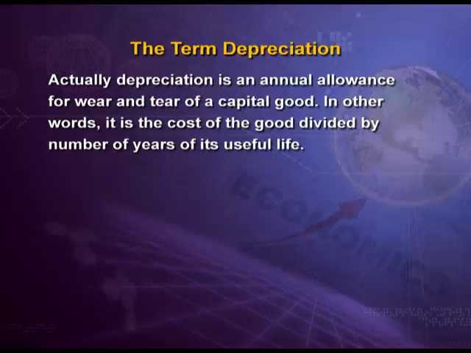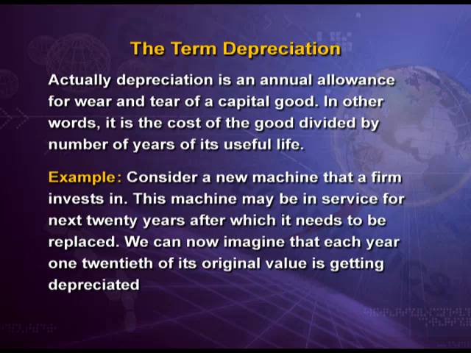We used the term depreciation somewhere. Let's understand its meaning. Actually, depreciation is an annual allowance for wear and tear of a capital good. In other words, it is the cost of the good divided by the number of years of its useful life. For example, consider a new machine that a firm invests in. This machine may be in service for the next 20 years, after which it needs to be replaced.